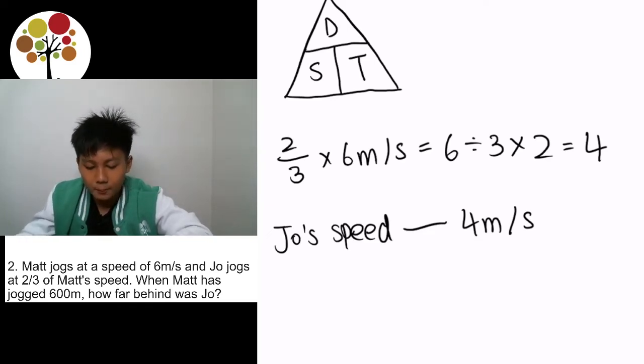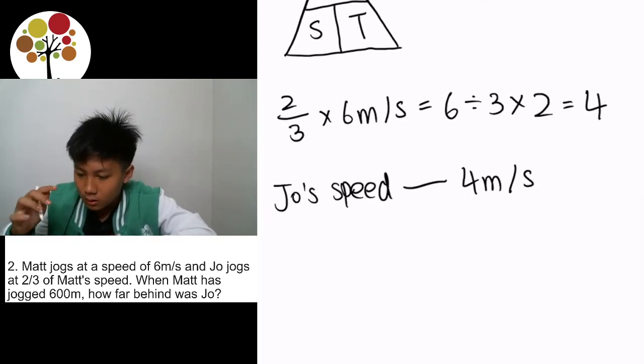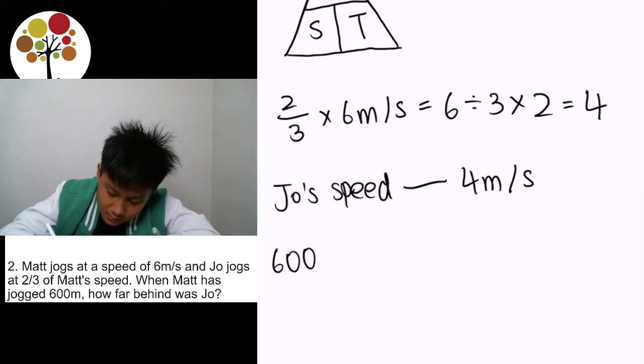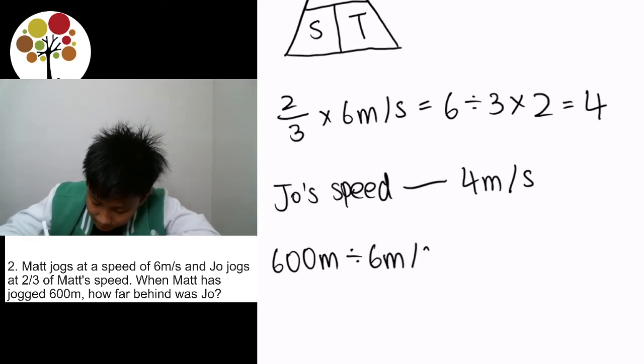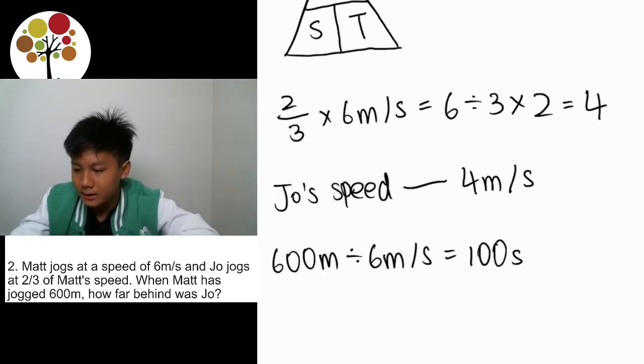In order to find the time as shown in the triangle, you have to take the distance divided by the speed. So the distance 600 meters divided by Joe's speed 6 meters per second is equal to 100 seconds. So that is the time taken for him to run.